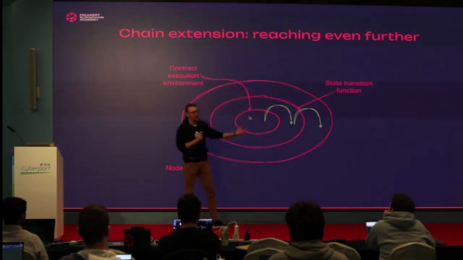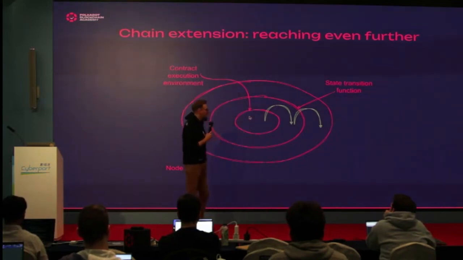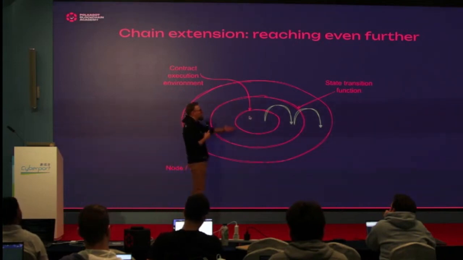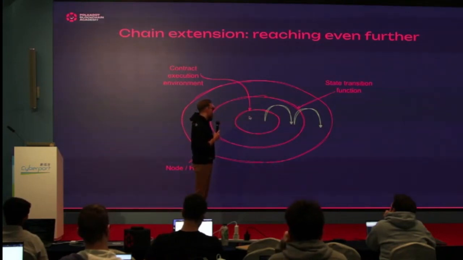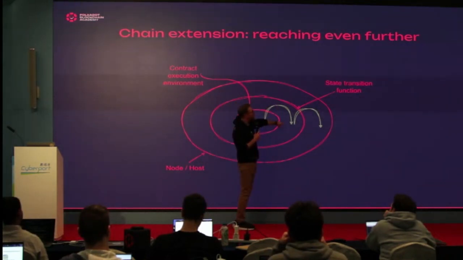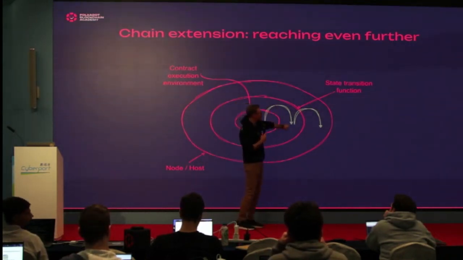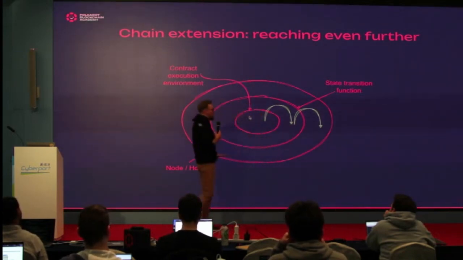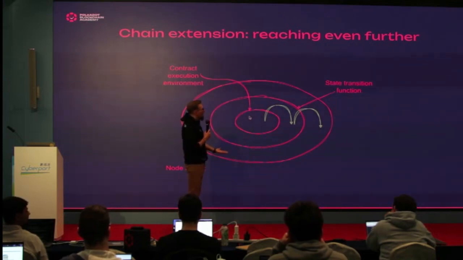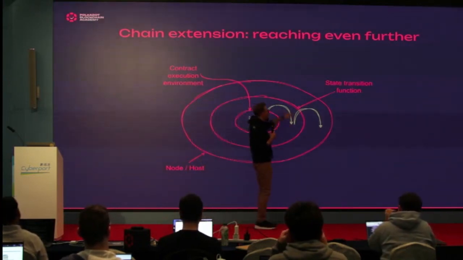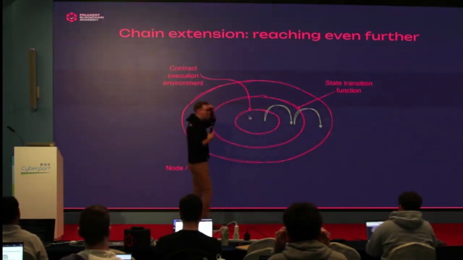We were verifying some proofs. Unfortunately, it was extremely expensive and it took extremely long to compute there. So what did we do? Using chain extension, we outsourced this heavy computation outside the contract to the state transition function. It was a bit better. The efficiency was better, but not enough. Still, it was much too slow to actually work with.